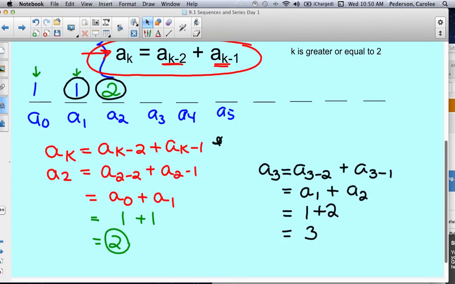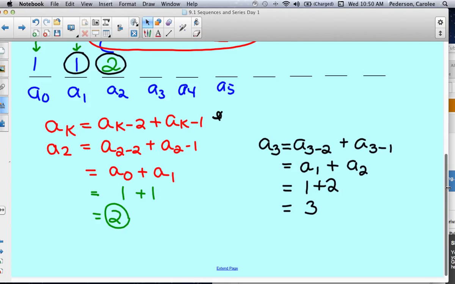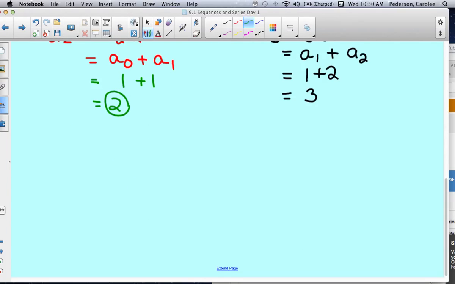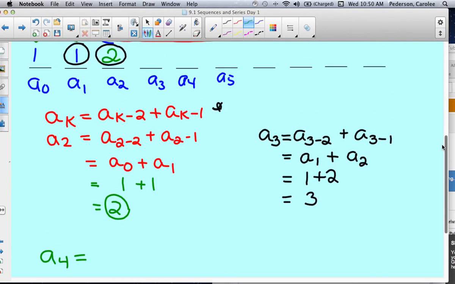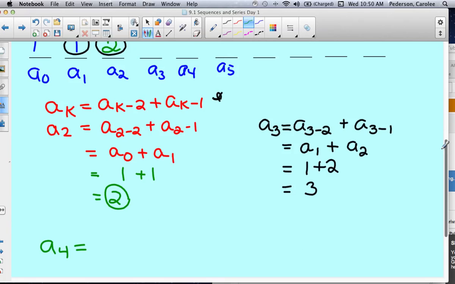So let's now go away from the formula and look at the pattern. So to find a sub 4, I'm going to take a sub 3's, I have to put that up here.